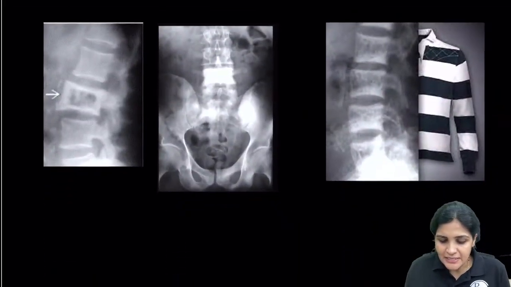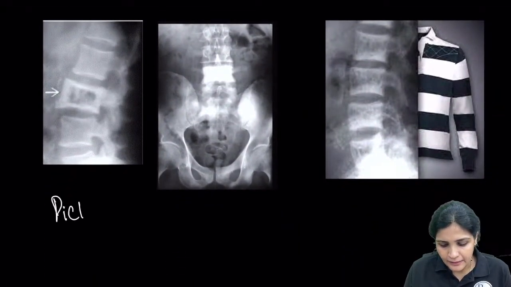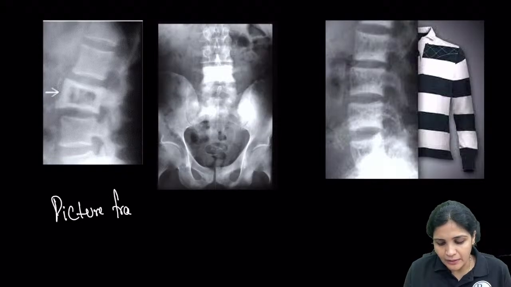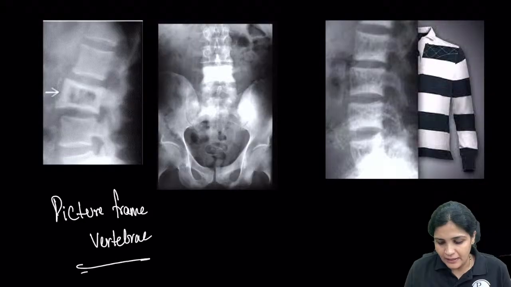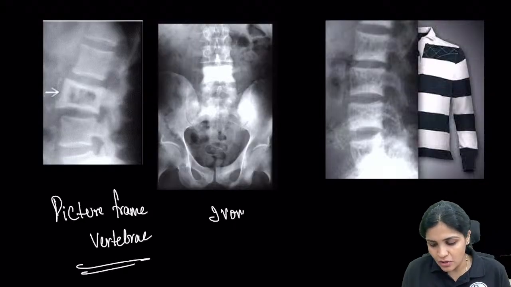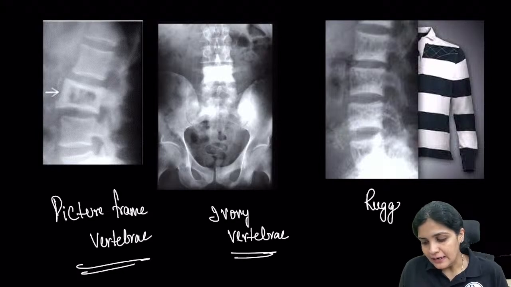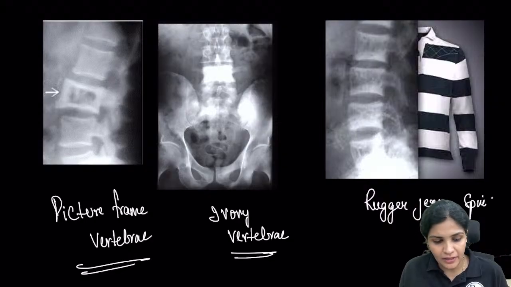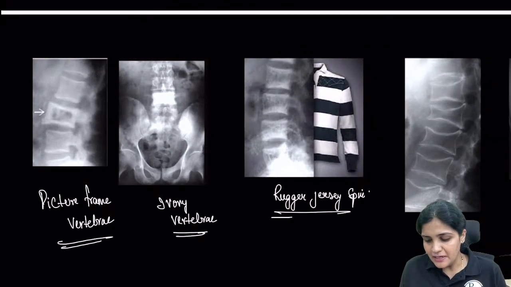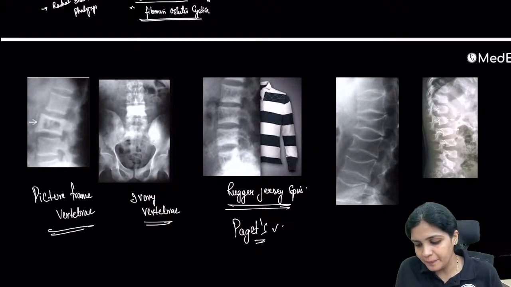Okay, then what is this? Picture frame vertebrae. This is called your picture frame vertebrae. And what is this? This is your ivory vertebrae. And what is this? Rugged jersey spine. This rugged jersey spine is seen in Paget's disease, or it can also be seen in your hyperparathyroidism. And finally, what is this?